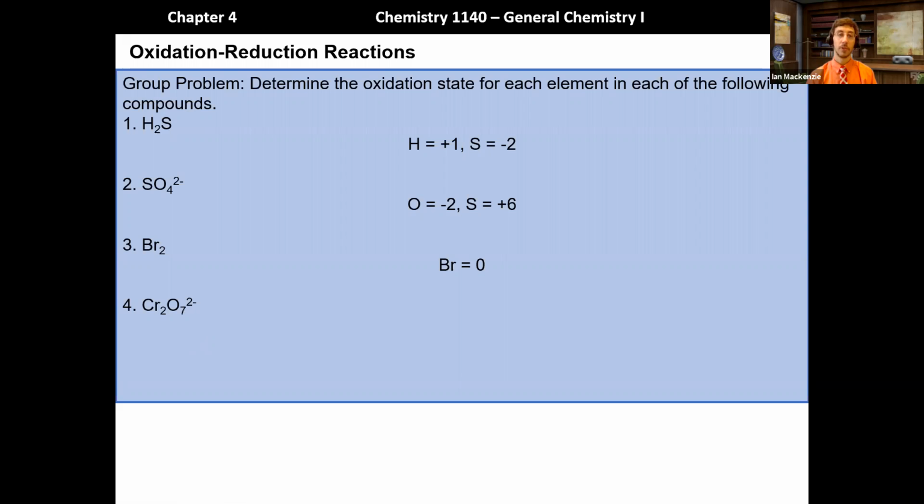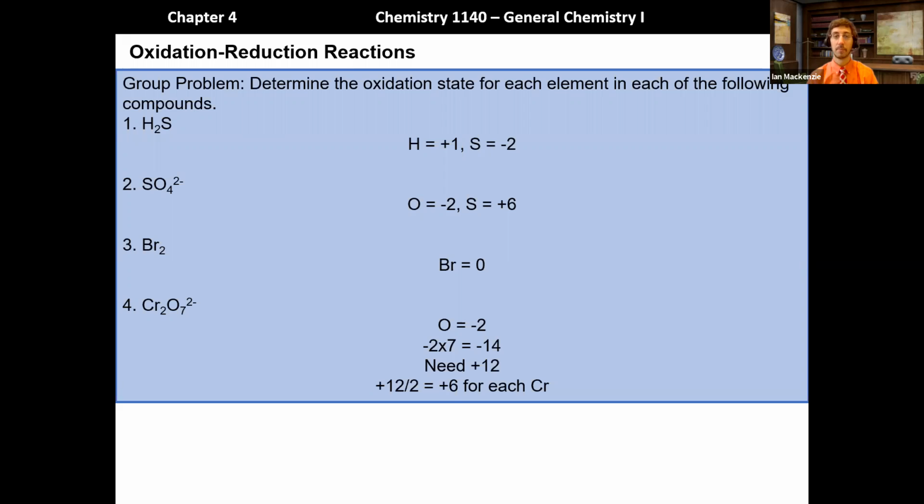Well, if I have 2 chromiums, then +12 divided by 2 is going to be +6 on each chromium.